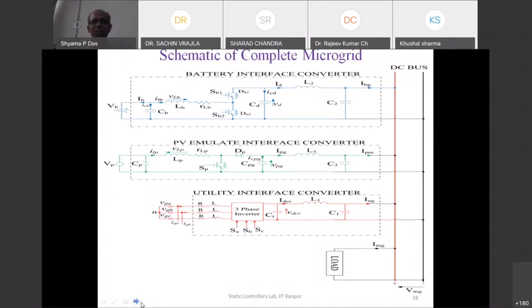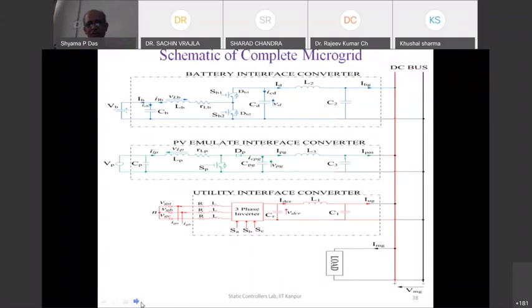And then we have the utility interface converter, which connects the AC with the microgrid. So we have three parallel sources, and of course we have the load. The loads are DC loads. These three systems are operated with the droop controller method, in a decentralized way, to ensure that we have a stable microgrid.